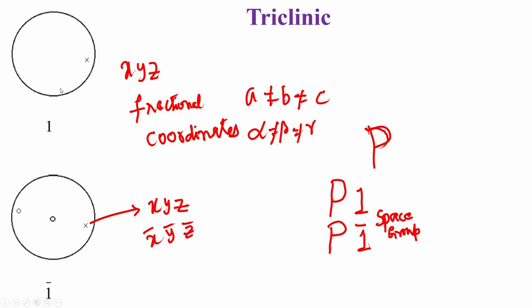If it is a symmetry associated with 1, it gives you only one position. That means the number of equivalent points in this particular case is 1, and that is normally referred to with the symbol Z. So, Z is equal to 1. That means if there is a molecule sitting inside this triclinic cell, there is one molecule in the unit cell, because this is the unit cell.